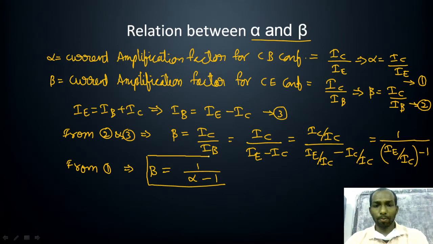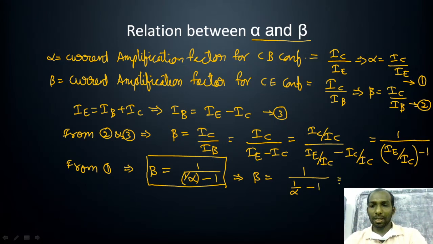Sorry, here IE by IC is equal to 1 by alpha. So I can write beta is equal to 1 by (1 by alpha minus 1). This can be simplified to 1 by ((1 minus alpha) over alpha).